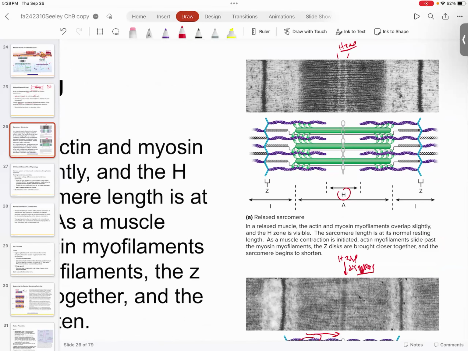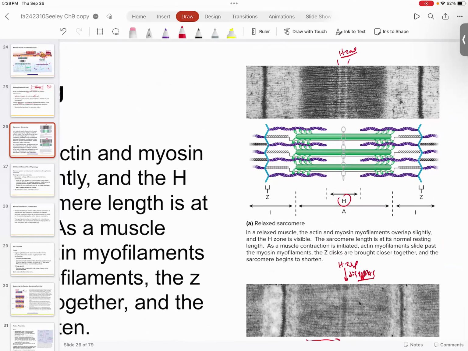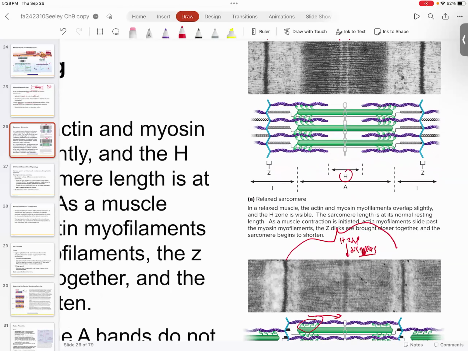Notice also you've got a noticeable shortening of the sarcomere. So here's one sarcomere from one Z disc to the other. And now you can see you've got a shorter distance between Z discs. So the sarcomere is effectively shortened as the myosin has pulled on those actin chains and pulled them toward the center, pulling the sarcomere inward.